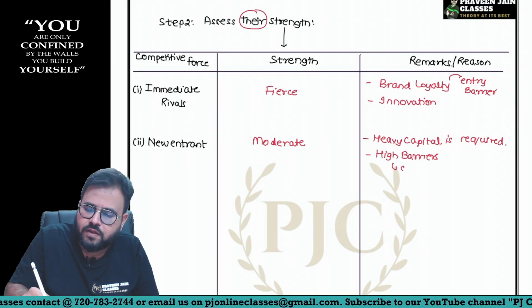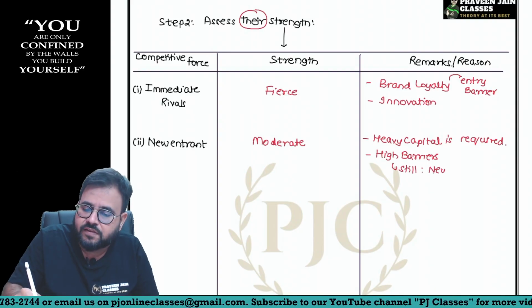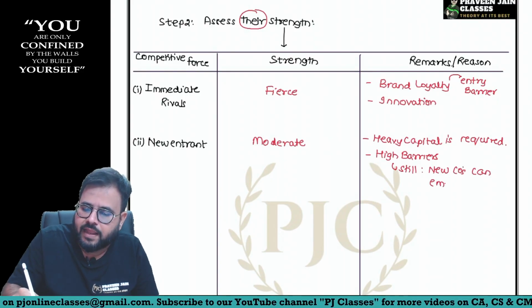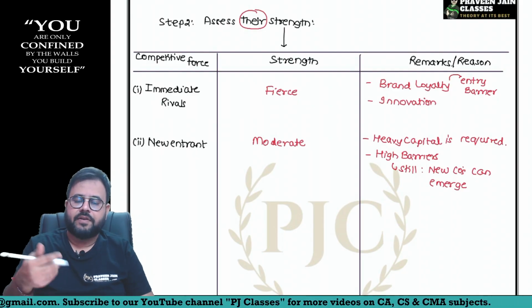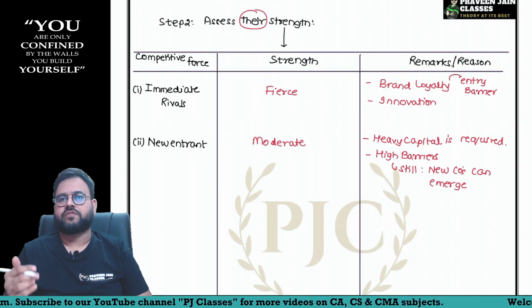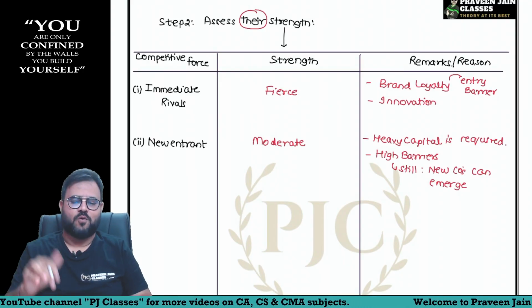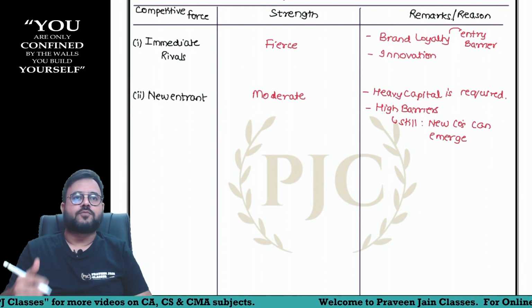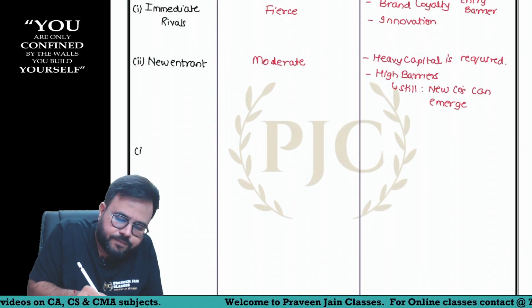But still, you will find new companies can emerge. Like Nothing phones, sir. So new companies can emerge. Poco, POCO. Salman Khan was the brand ambassador for Poco phone. Wow. Just imagine how much money they might have paid for him to be their brand ambassador. Anyway, nice. Third point, sir.